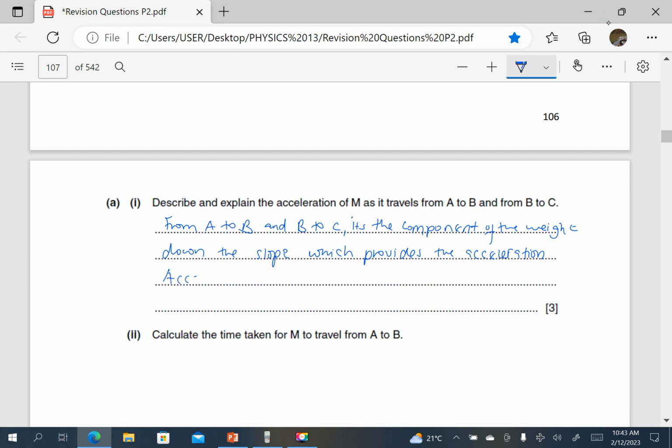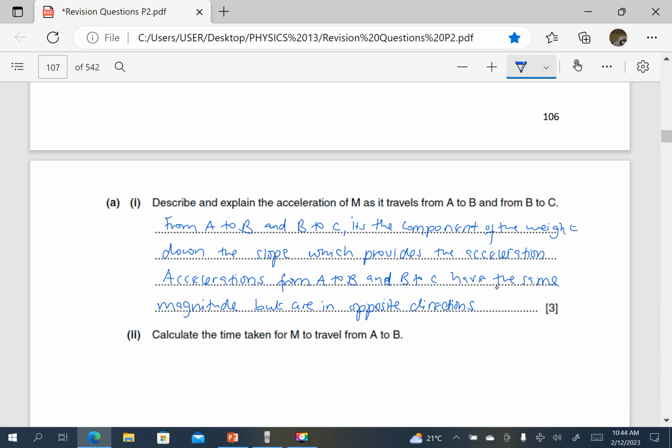And the accelerations from A to B and B to C have the same magnitude but are in opposite directions.